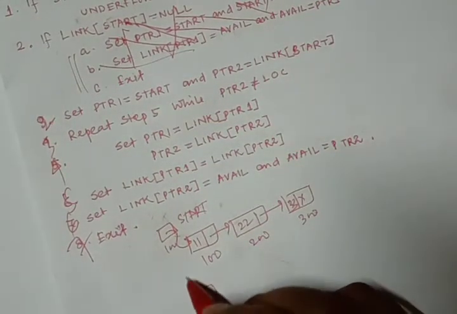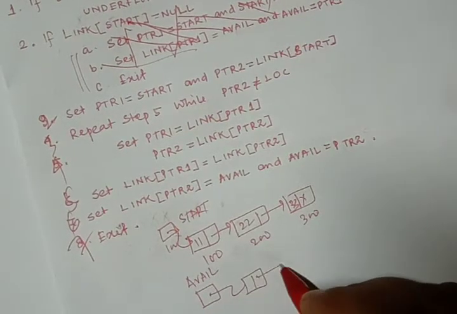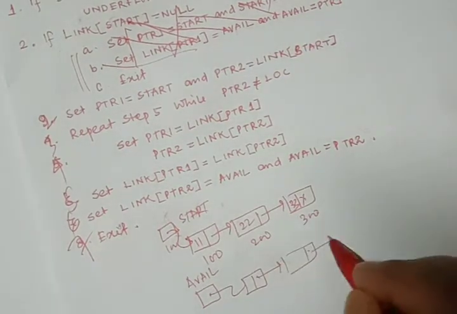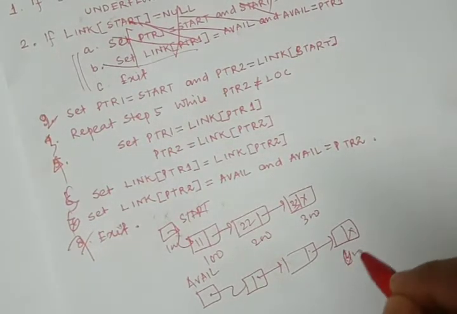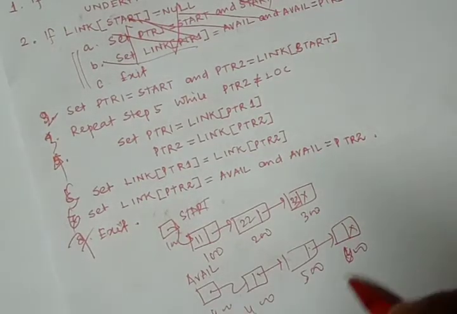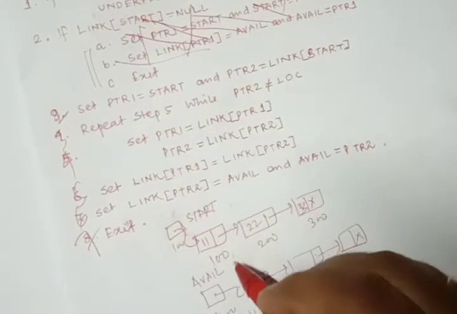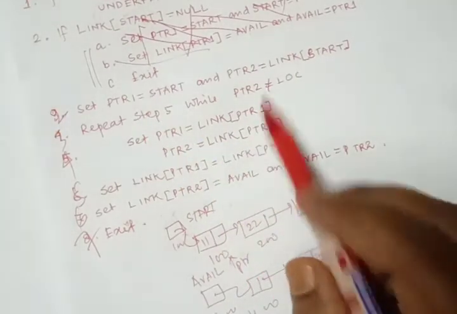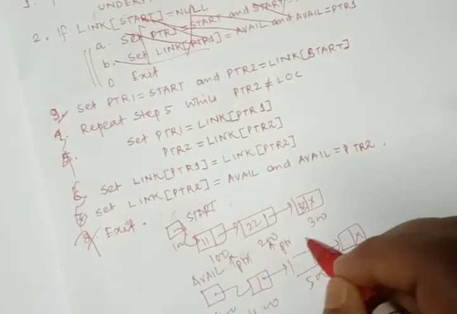This is the available list. So set ptr1 equal to start. This is the value of ptr1, and ptr2 equal to link of start. This is ptr2.